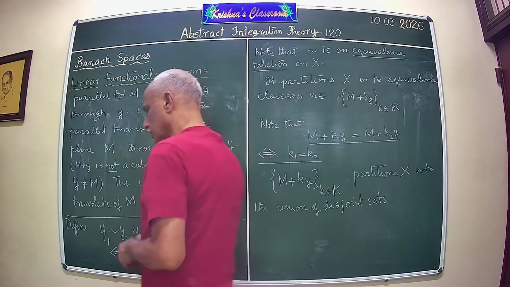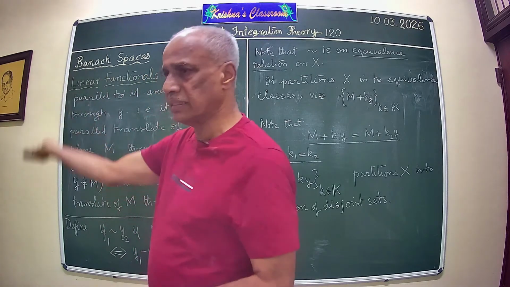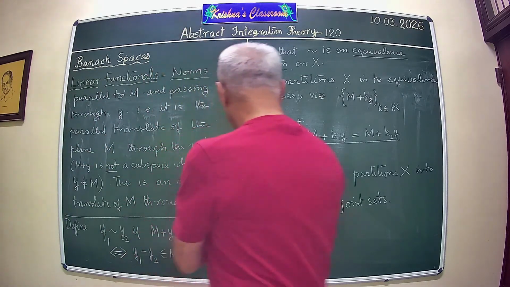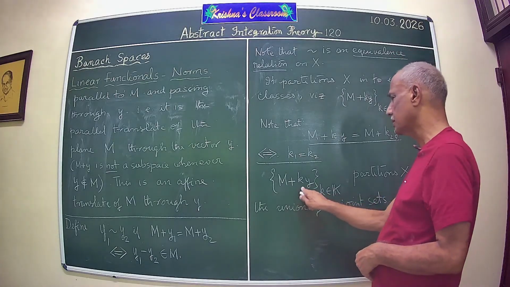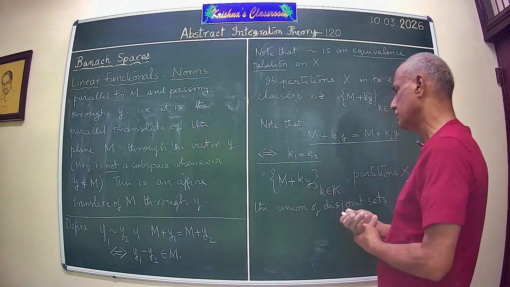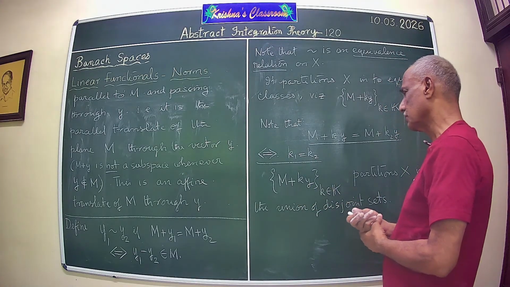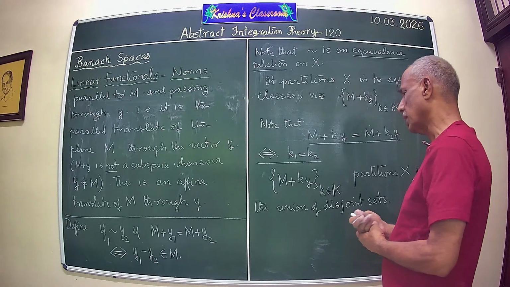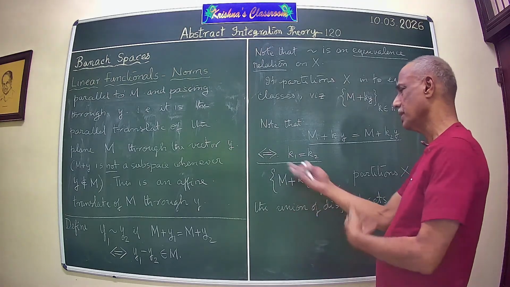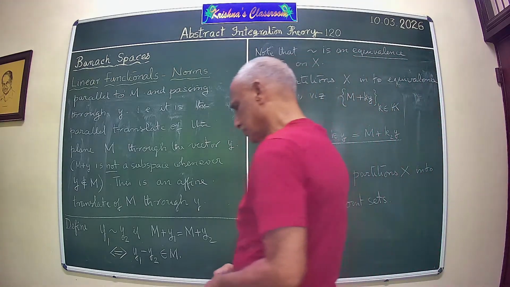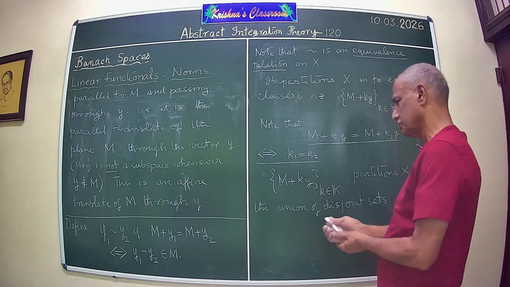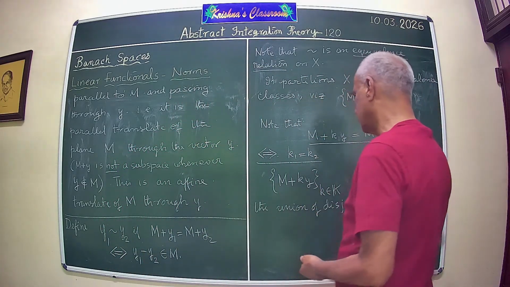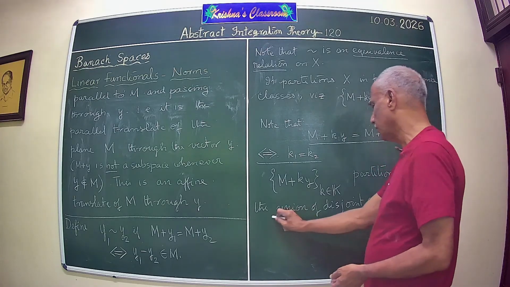Okay. So every x in X is in one of these, M plus k1, and obviously every element of this is in X. So that's all. Okay. As we have already seen, X is the union of these.